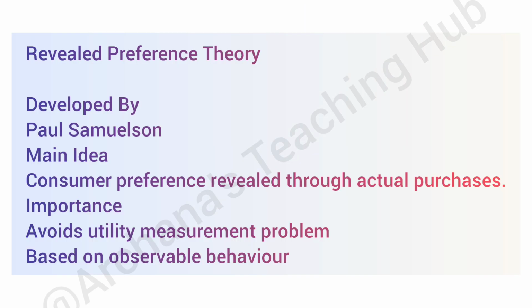Revealed preference theory, developed by Paul Samuelson. Consumer preference is revealed through actual purchases. Importance: avoids utility measurement problem, based on observable behavior.